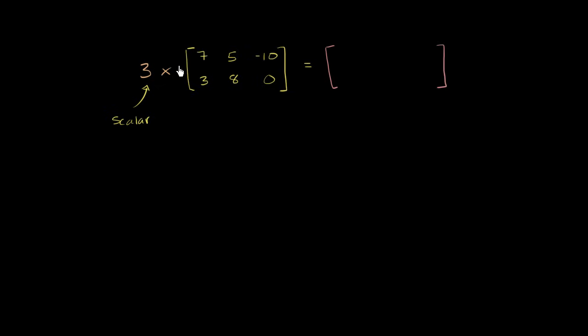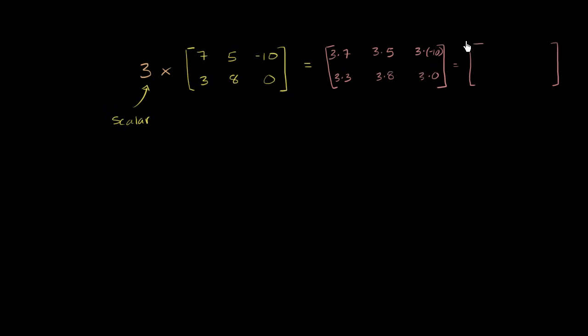So this is going to be equal to 3 times 7 in the top left, 3 times 5, 3 times -10, 3 times 3, 3 times 8, and 3 times 0, which will give us, it didn't change the dimensions of the matrix, it didn't change, I guess you could say, the structure of the matrix, it just multiplied each of the entries times 3.